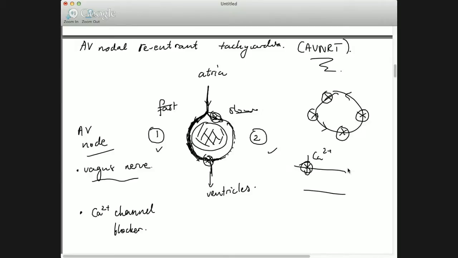Now we also know that this sinoatrial nodal tissue, the resting membrane potential is increased by beta-1 receptors, by a variety of mechanisms. Therefore, if you block the beta-1 receptor, you can actually prevent the action potential from occurring by hyperpolarizing the membrane.